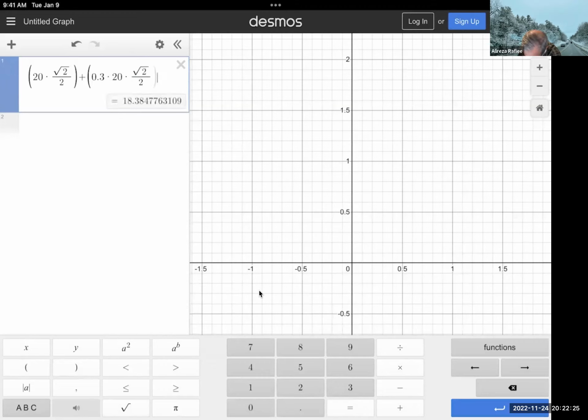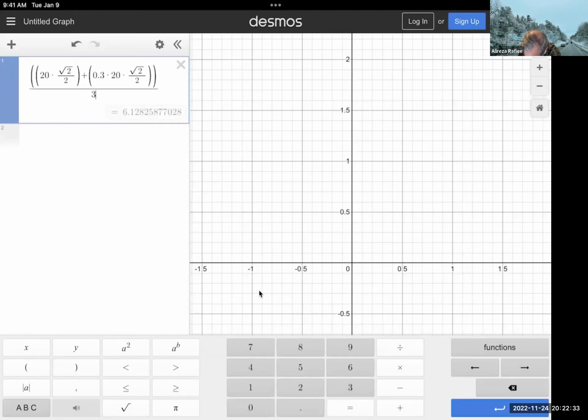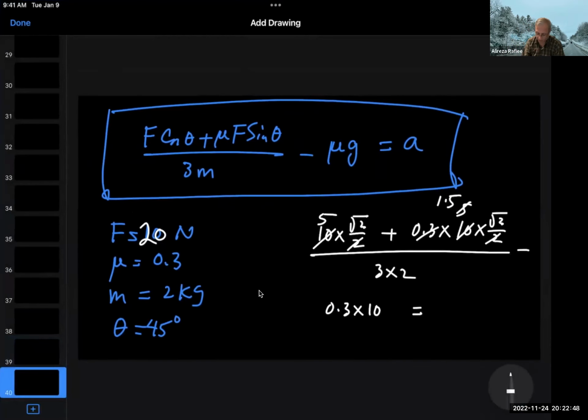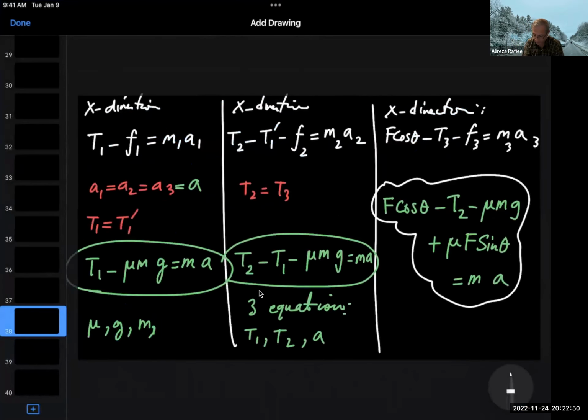That's one bracket. And then you can have one big bracket here divided by 3 times 2, minus 0.3 times 10. And yes, then it would give you a positive number. So 10 Newton is not enough for this object to move.